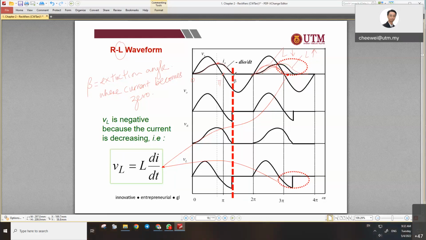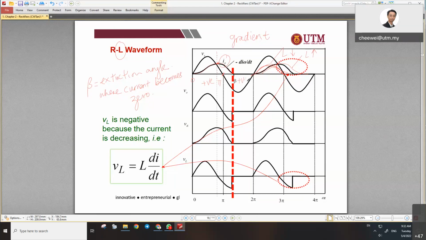That is the current. In this case, we will always start with the current, I out. Why? Because if you know the I out, you can draw the V out. Why is that so? Because we are looking at the gradient of the current. What is the gradient of the current from 0 to the peak? Positive. What is the gradient of the current from the peak to the extinction angle beta?